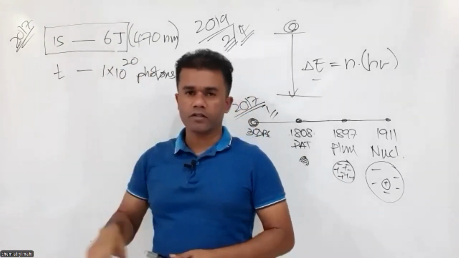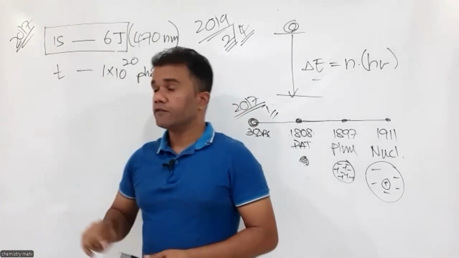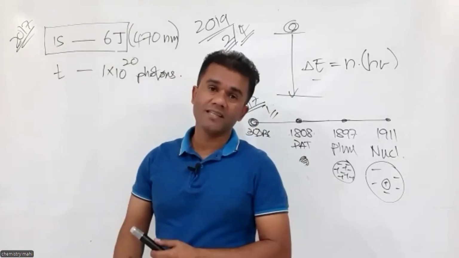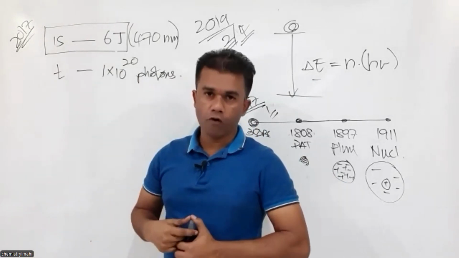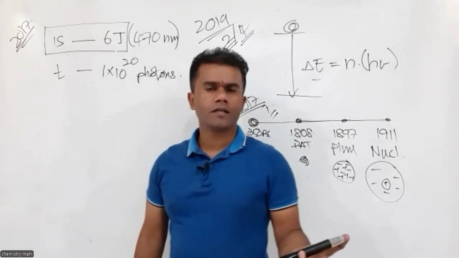We can easily calculate, because through E equals hc over lambda, you can find the energy of one photon. If you divide 6 joule by that energy, you can find the number of photons released per second. Then for this number of photons, you can simply find the time.